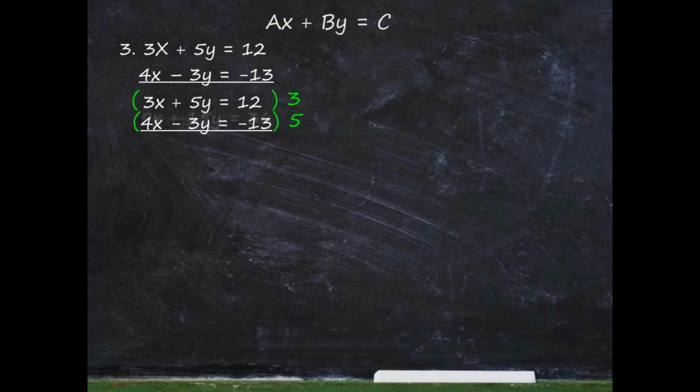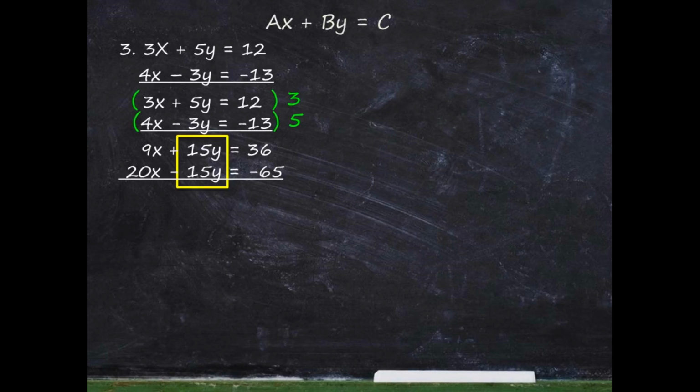So we can get 9x plus 15y equals 36 and 20x minus 15y equals negative 65. There, we already have our variables with the same coefficient, 15y and negative 15y.